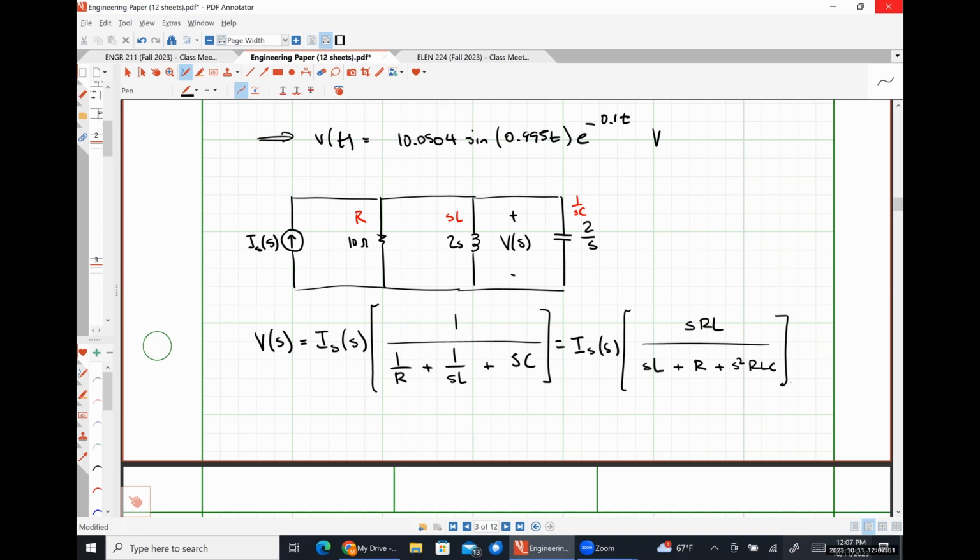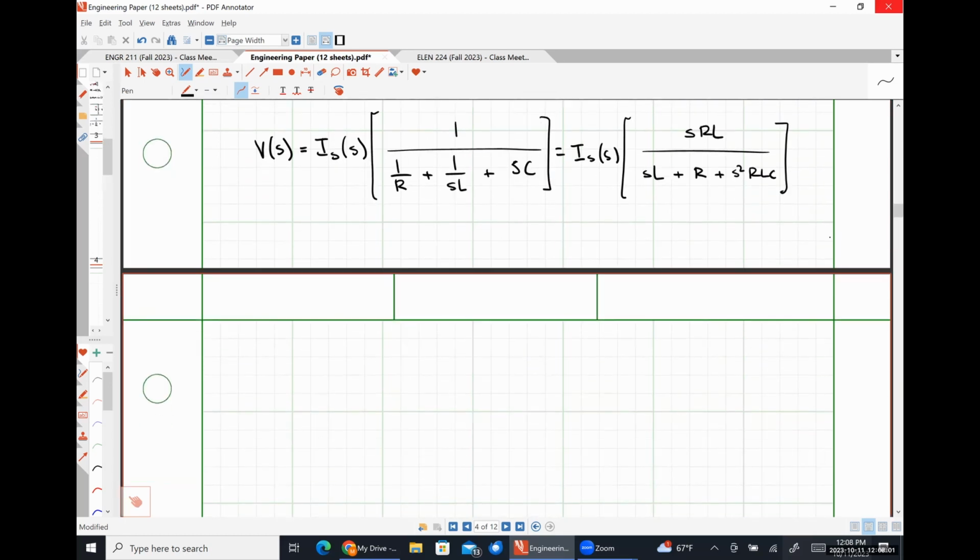What's the Laplace transform of the unit step function? You have a table. 1 over S. So we have V of S equal to 5 over S times, let's see, what's R times L? 10 times 2 is 20.